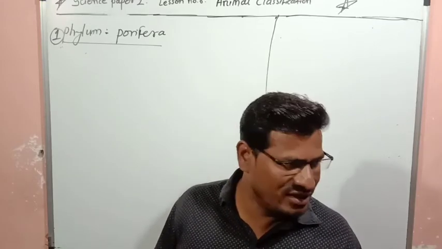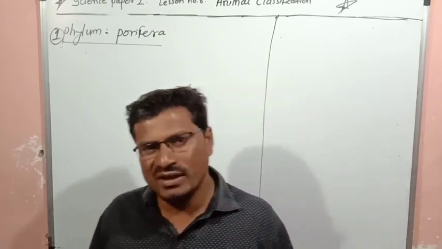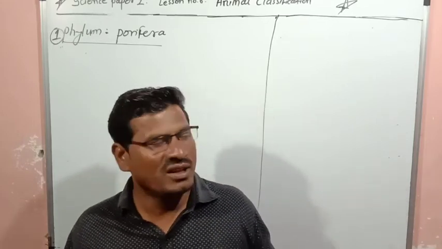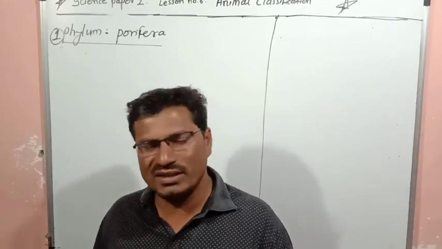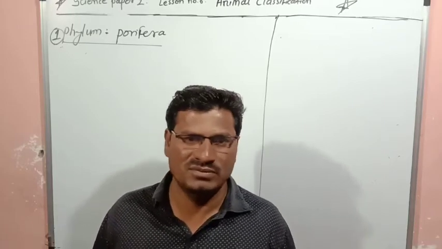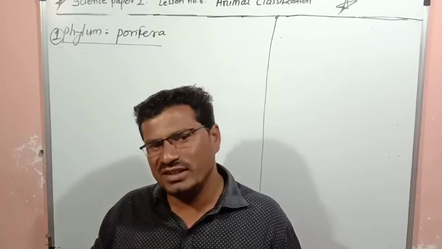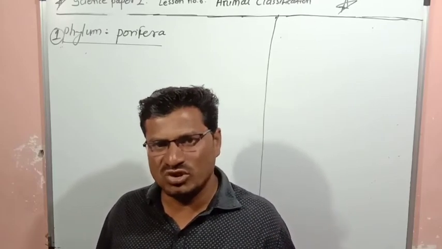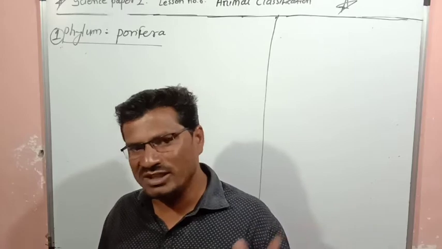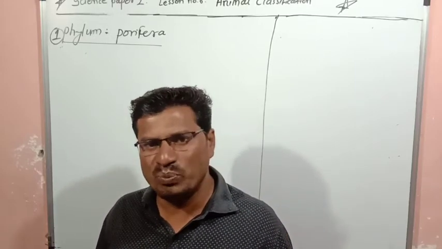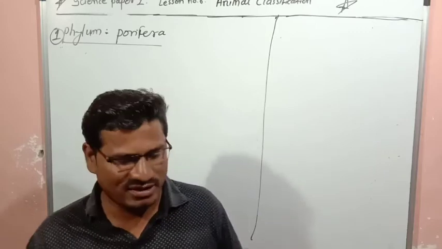The next character is that they reproduce by budding, which is asexual reproduction. They also have the ability of regeneration. Examples are Scypha, Euspongia (the bath sponge), Hyalonema, and Euplectella.